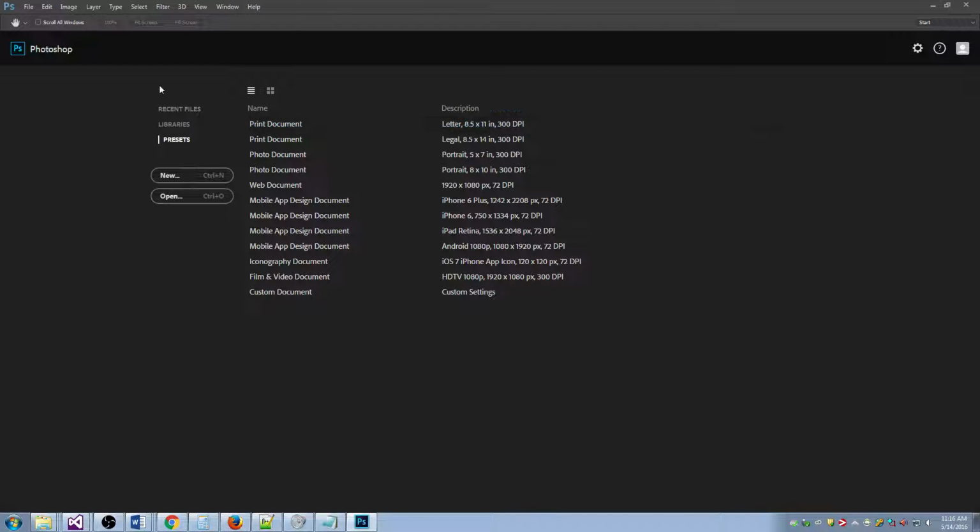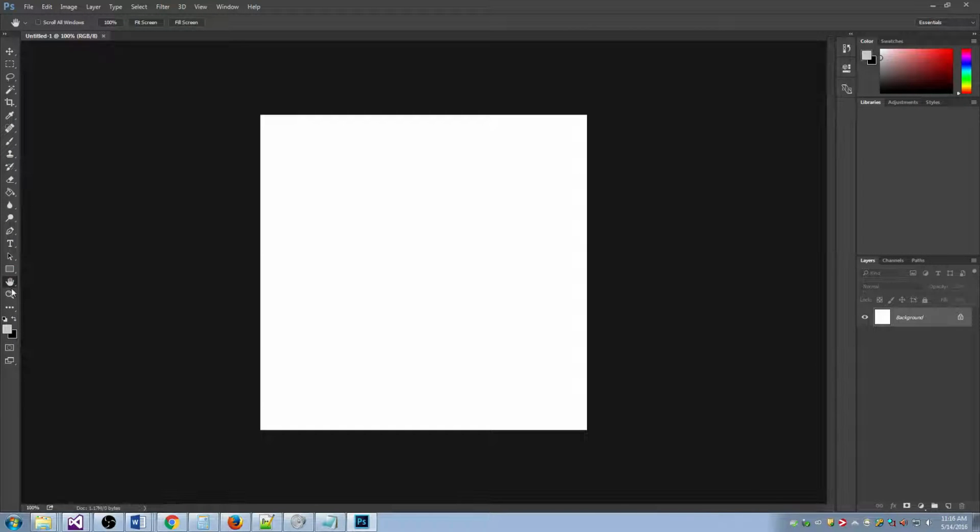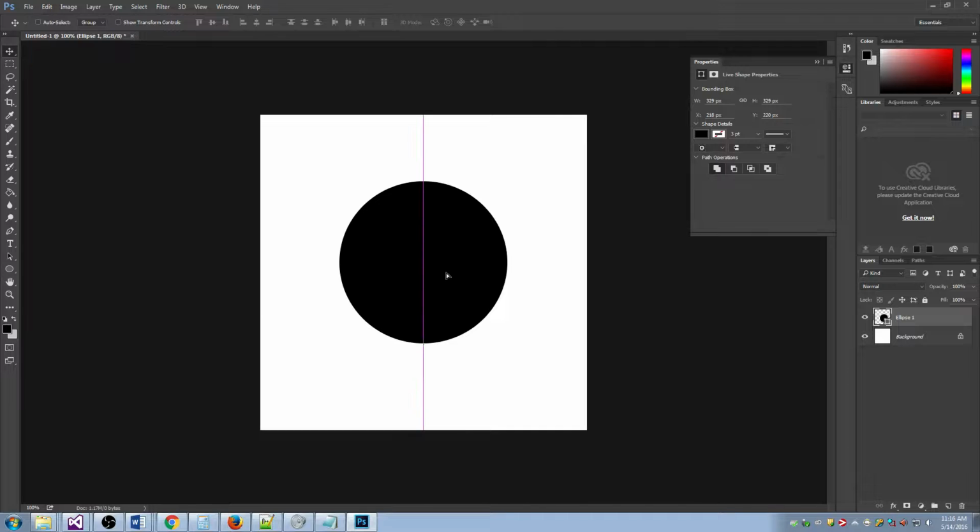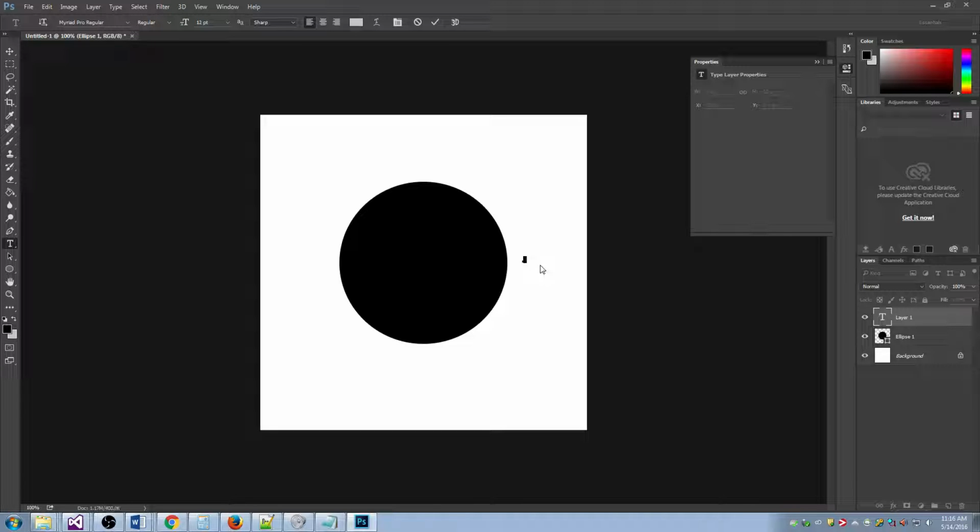Okay, so here's our circle. For us, it starts off at 0 degrees. And then this is going to be 90 degrees, right?